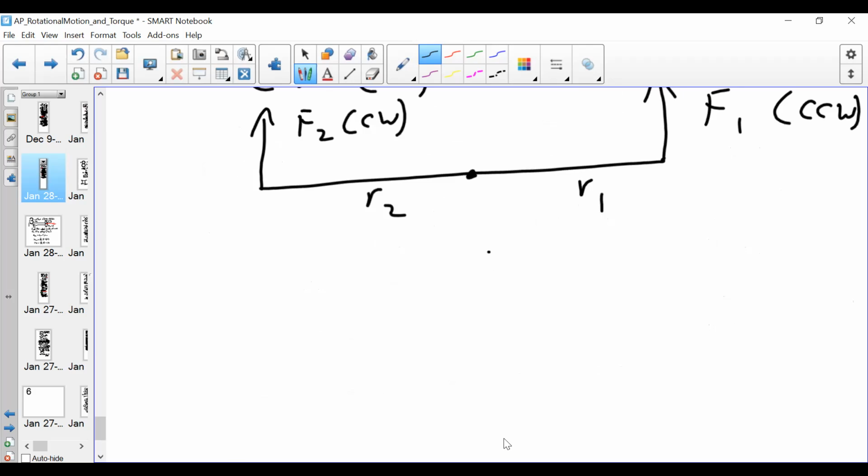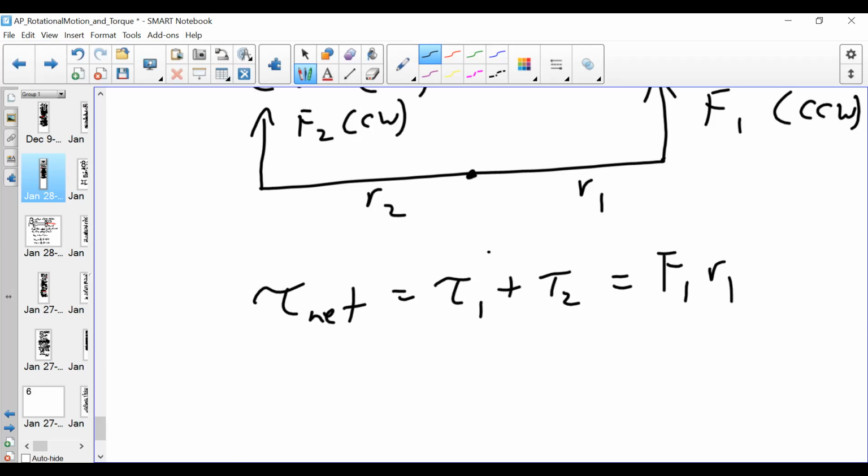Much like net work is a sum of different forces multiplied by displacement, so is net torque a sum of multiple forces, one or multiple. So our net torque would be equal to the sum of both torques, which is going to be F1, R1, that's going to be a positive torque.